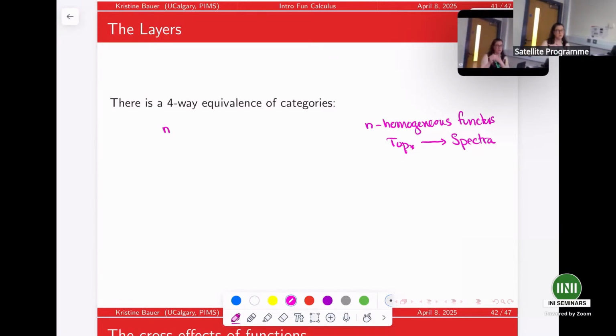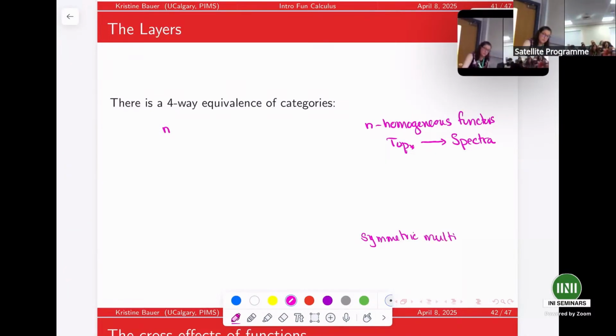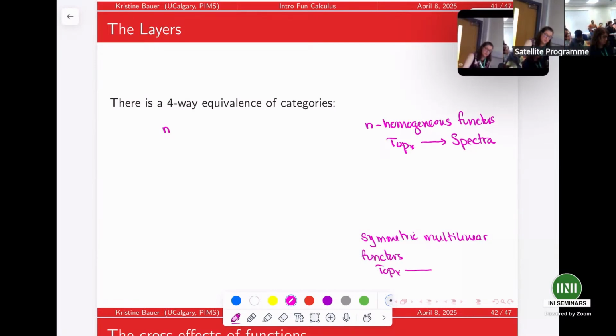What you should do instead is make sure that you have your base pointed category in place of top, and whatever goes on the right-hand side is its stabilization. On the bottom, I'm going to have symmetric multilinear functors from top star to spectra.